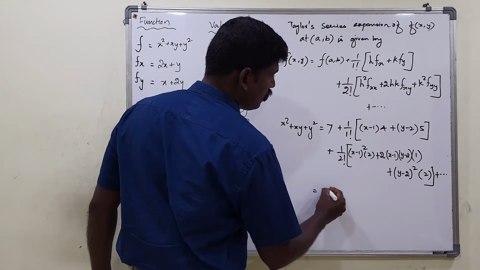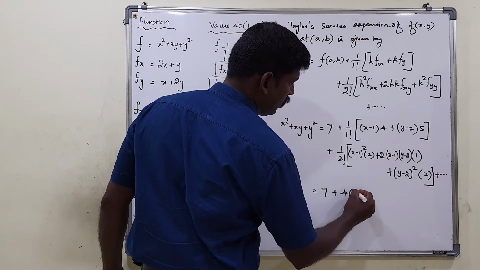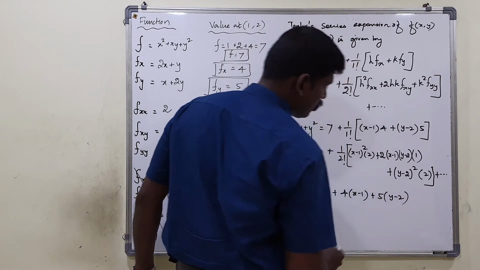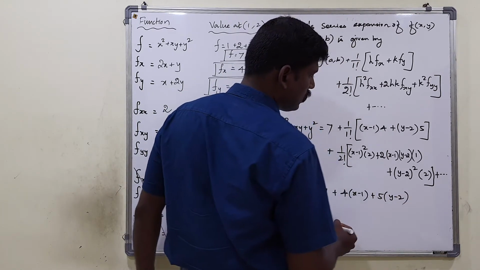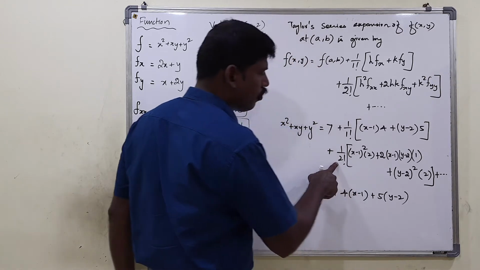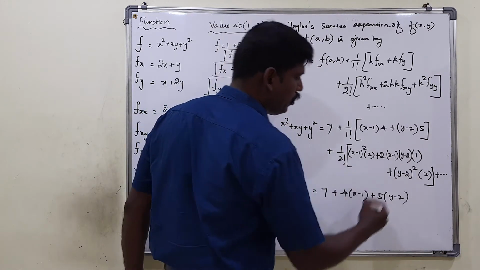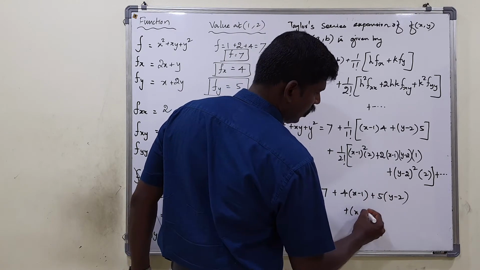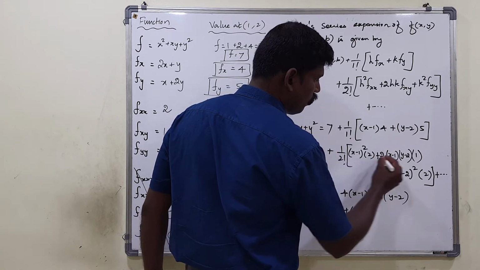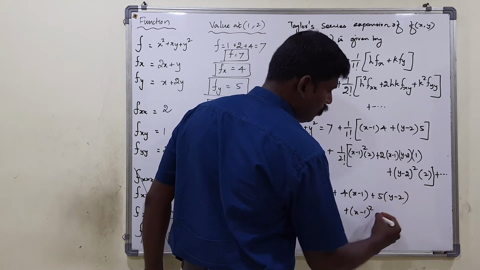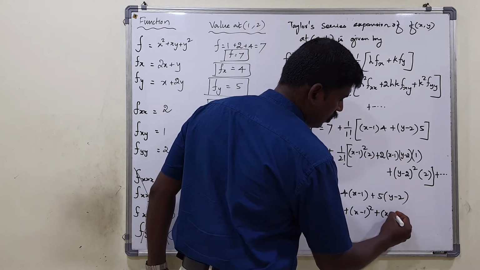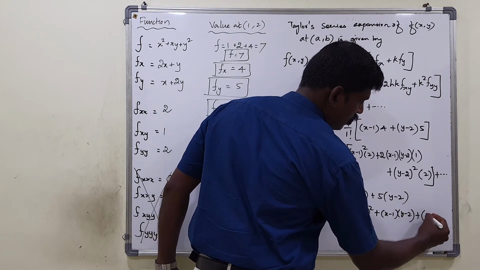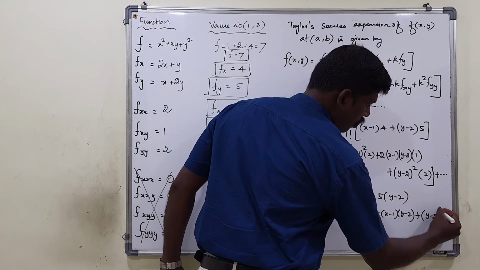Okay, so 7 plus 4 into x minus 1 plus 5 into y minus 2 plus, what is the value of 1 by 2 factorial? We can multiply the 2 inside the bracket, so plus x minus 1 the whole square, this 2 cancels with this one, similarly this 2 cancels with this 2, so plus x minus 1 into y minus 2 plus y minus 2 the whole square.